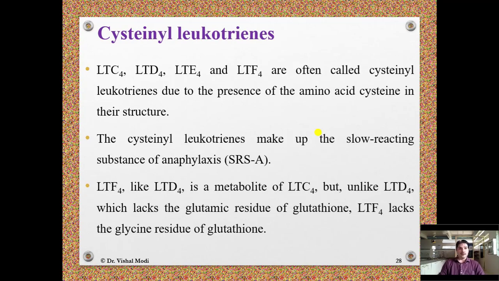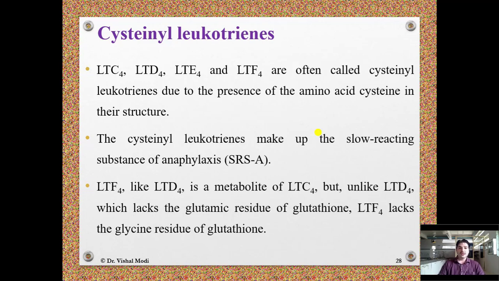Cysteine leukotrienes: leukotriene C4, leukotriene D4, leukotriene E4 and leukotriene F4 are often called cysteine leukotrienes due to the presence of the amino acid cysteine in their structure. The cysteine leukotrienes make up the slow reacting substance of anaphylaxis. It is also called SRSA.